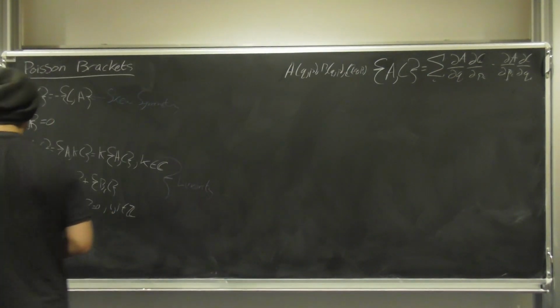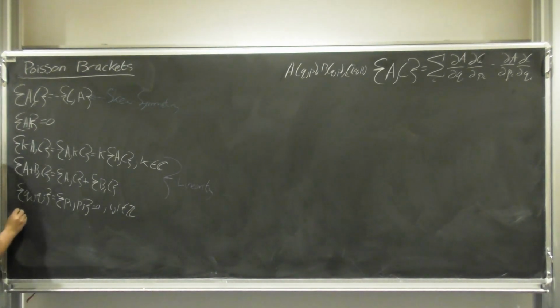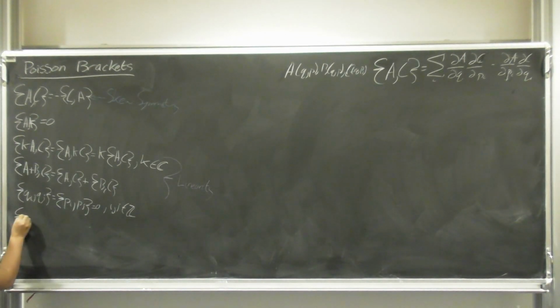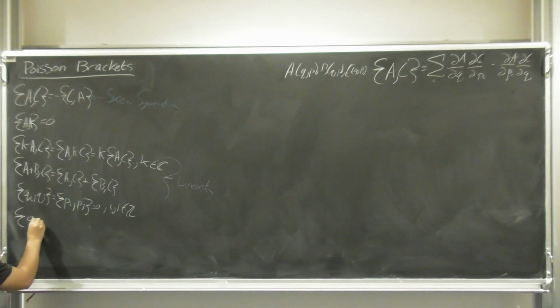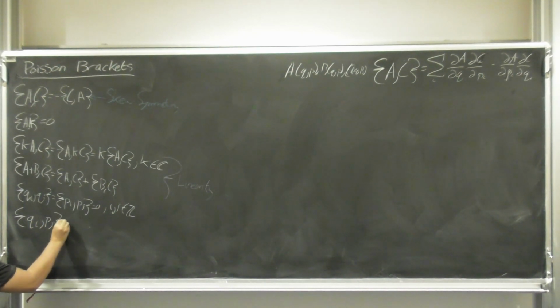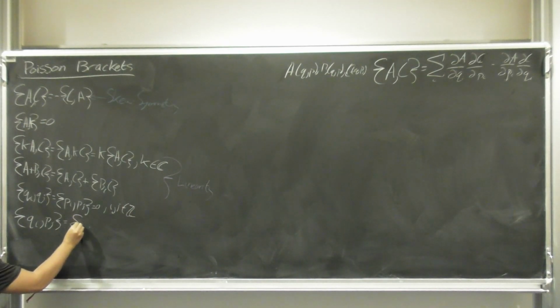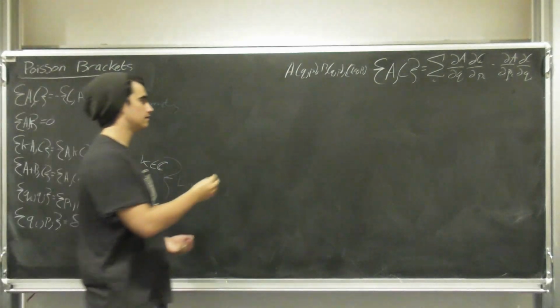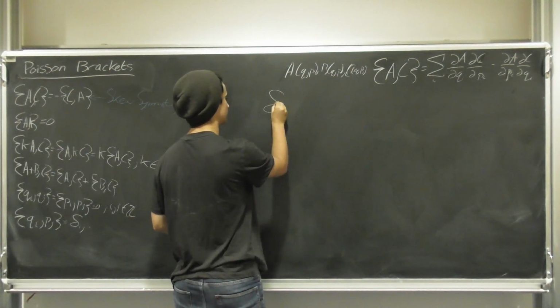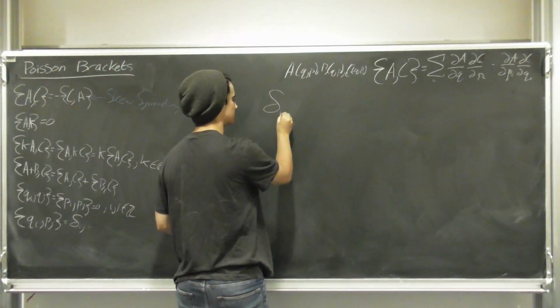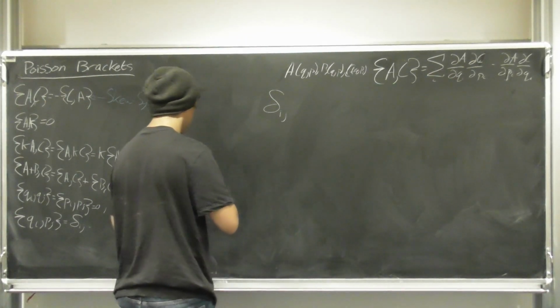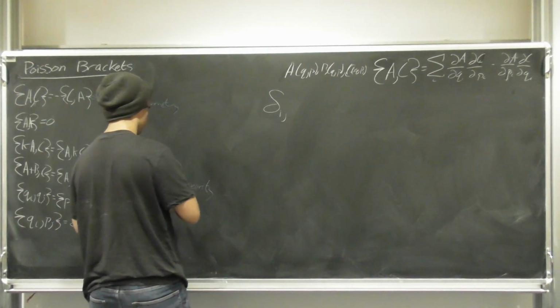The next one we're going to have a look at is the Poisson bracket of q sub i with p sub j, and this returns something called the Kronecker delta of i and j. Basically, the Kronecker delta symbol is denoted like this.